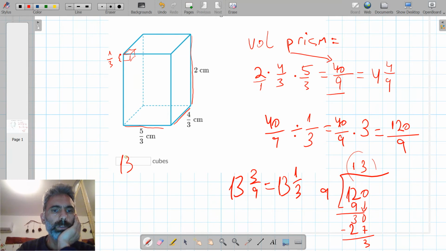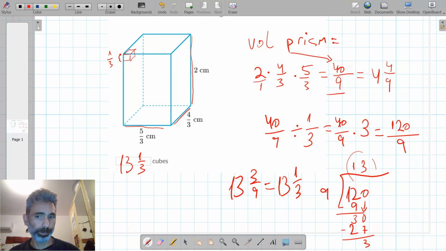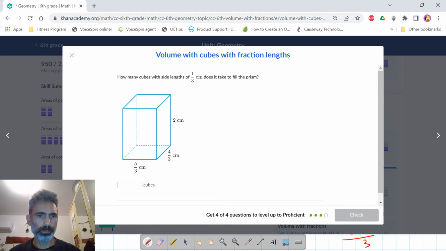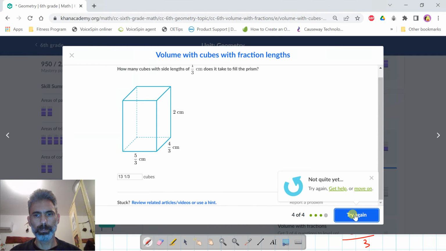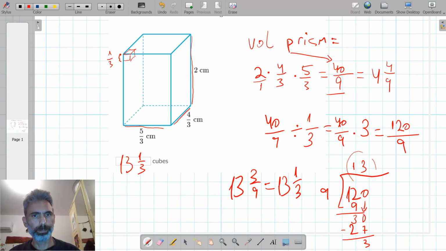Yes, so it's 13 and 1/3 cubes. What am I doing wrong?